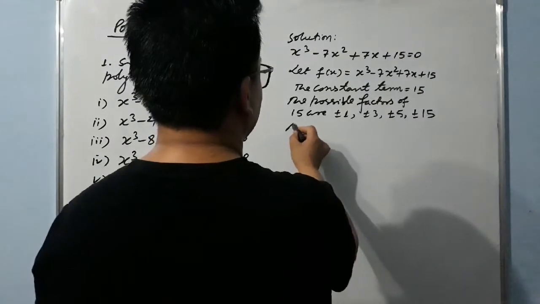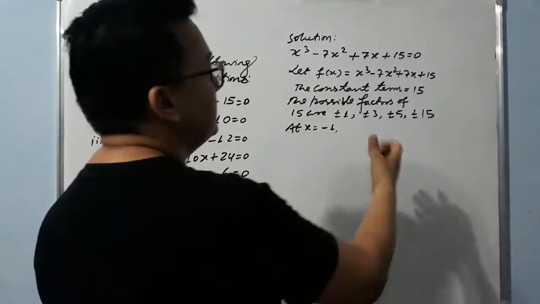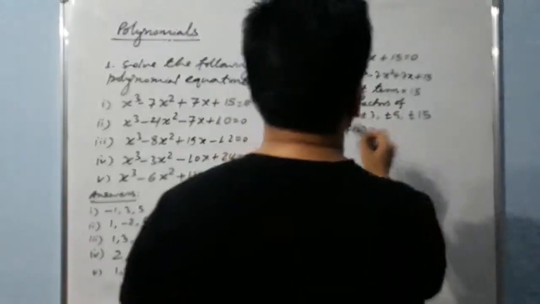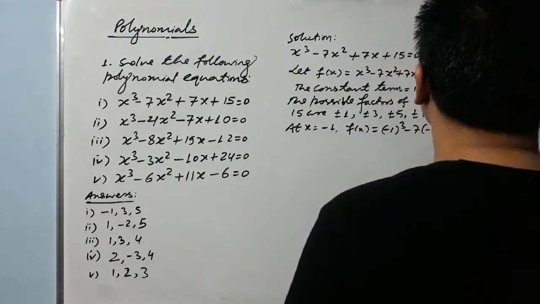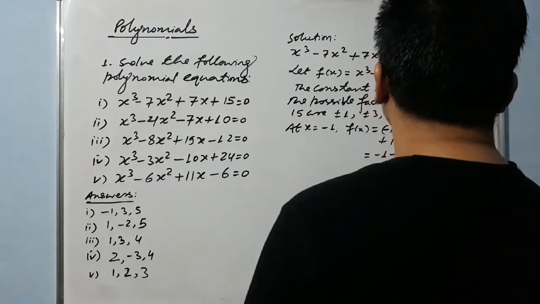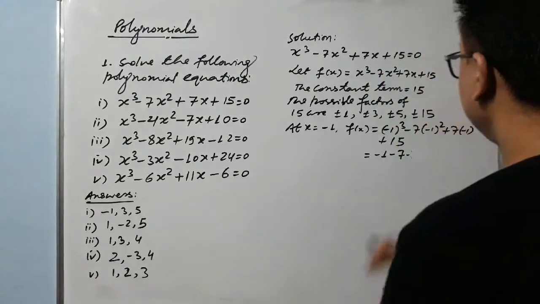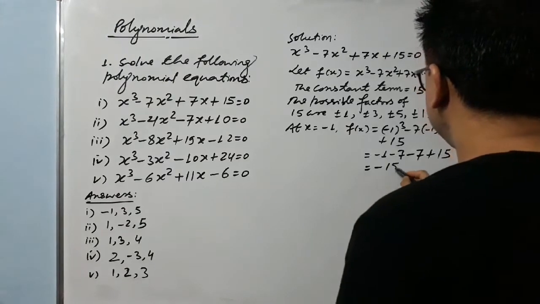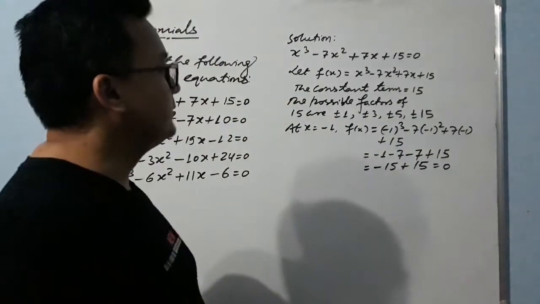Let's start from minus 1, then plus 1, then you can try 3 and minus 3. f of x is equal to minus 1 whole cube minus 7 into minus 1 whole square plus 7 into minus 1 plus 15, that is minus 1 minus 7 minus 7 plus 15, which is minus 15 plus 15 is equal to 0. So x is equal to minus 1.